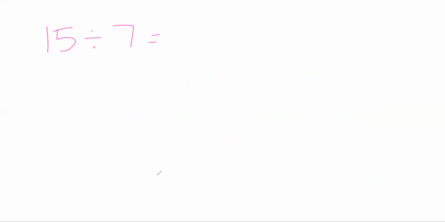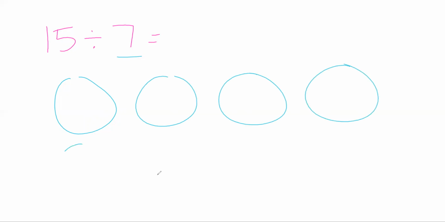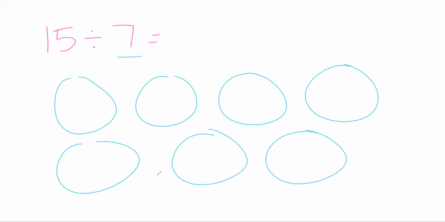So we're going to have 7 groups: 1, 2, 3, 4, 5, 6, 7. And we're going to put our 15 into it. So 1, 2, 3, 4, 5, 6, 7, 8, 9, 10, 11, 12, 13, 14, 15. So there's that one that wouldn't work. We don't want that one. That doesn't work because now we have 2 in each group. And then here was that leftover one. So a remainder of 1.